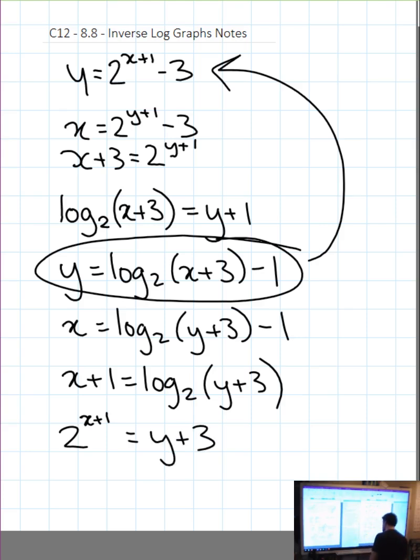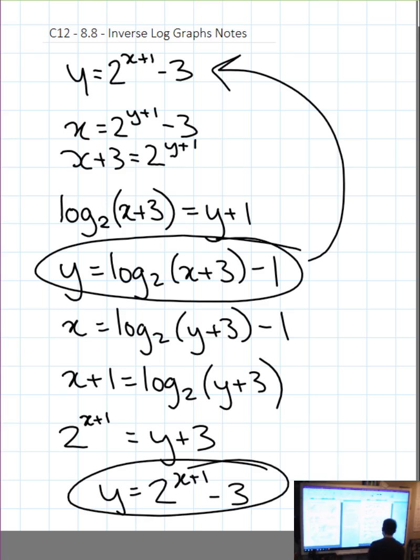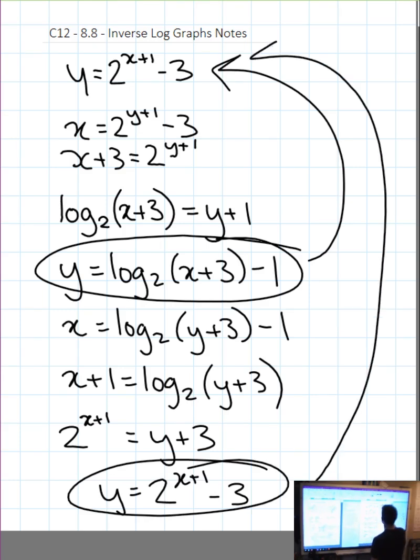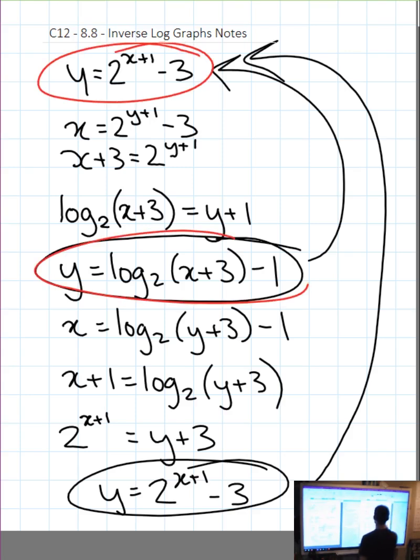Now, if you want to, feel free to show more steps, but I'm going to skip a few steps in preparation for university. Then I'm going to mirror it and subtract 3 from both sides. 2 to the x plus 1, minus 3, getting all the way back to where we started. So this and this are inverses of each other.